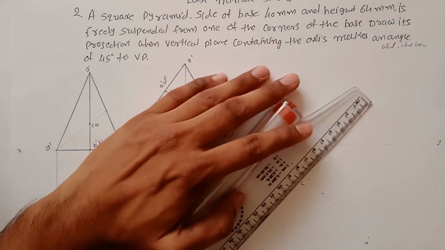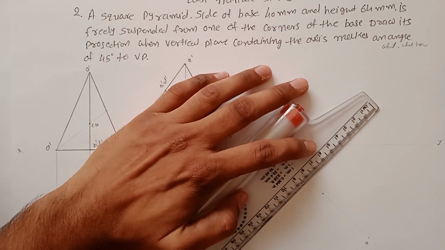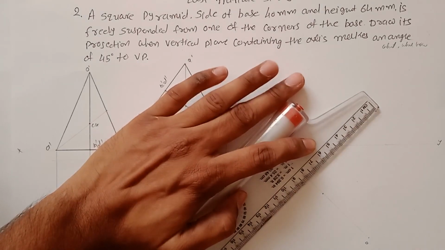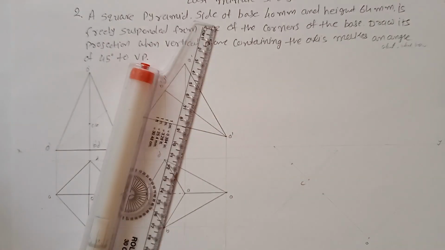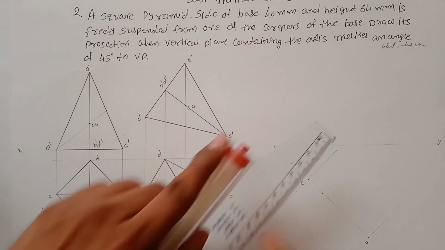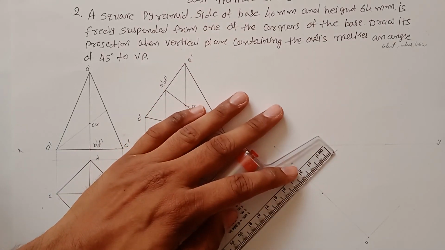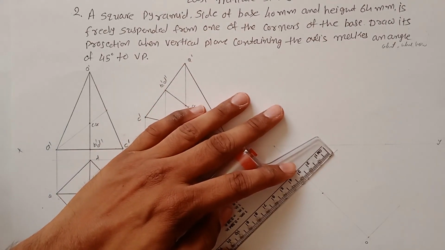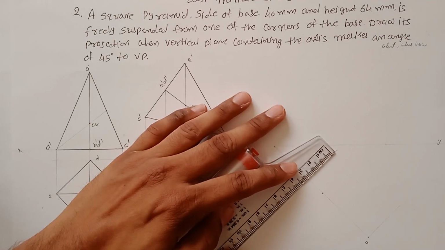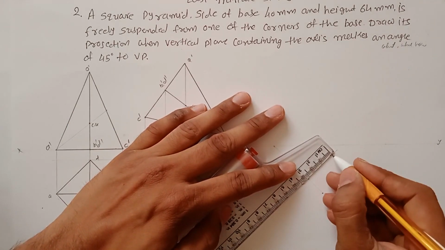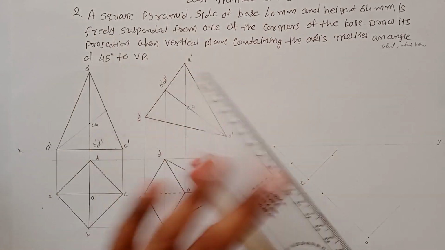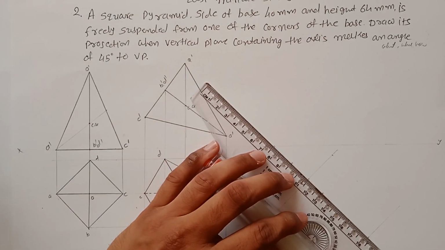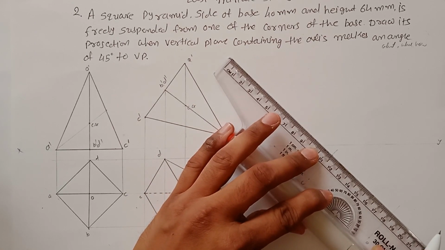So draw a perpendicular line from C and O, on both the sides. Then complete the rectangle.